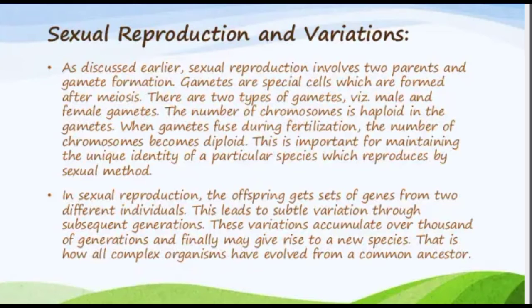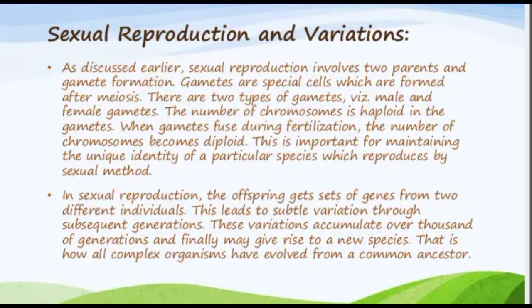So gametes are formed in sex organs. It involves a reductional or meiotic division, or we can say meiosis. In this, chromosome numbers get halved. Half comes from the female side and half comes from the male side.